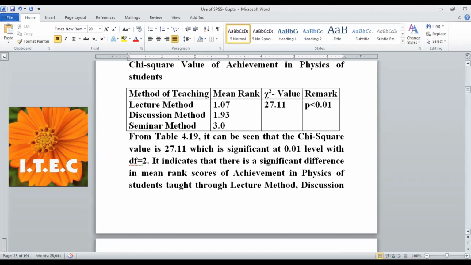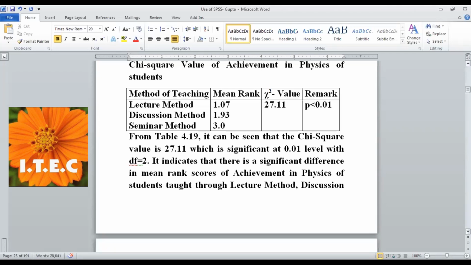Now, you have to understand whether the mean rank score of students taught through lecture method is significantly lower or higher than that of a discussion method, and further your discussion method with the seminar and your lecture method with the seminar.